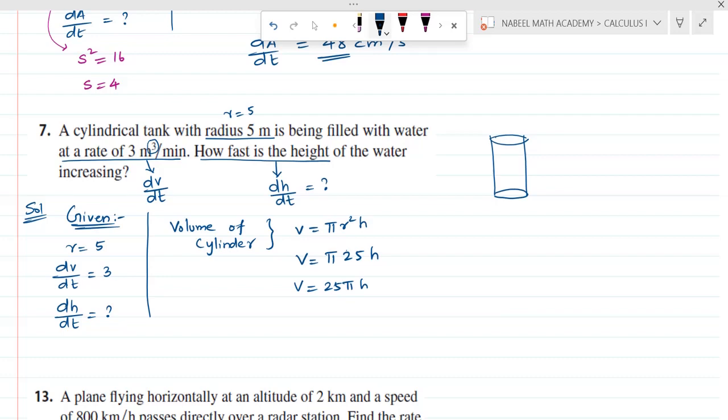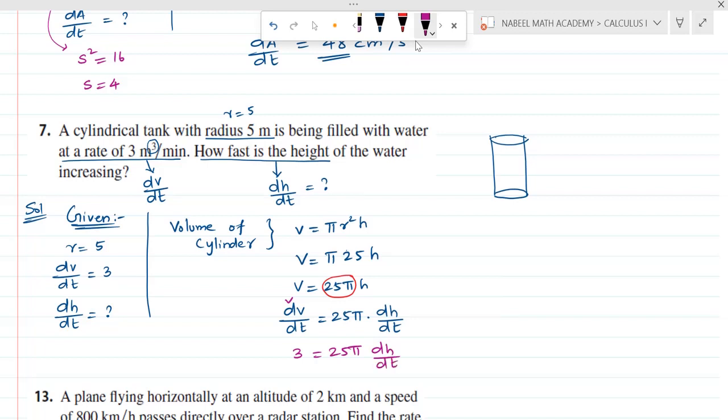Now differentiate: dV over dt equals, 25 pi is a constant, because all the terms will be constant. When you differentiate h, it becomes dh over dt. This value you have, just substitute. 3 equals 25 pi dh over dt.